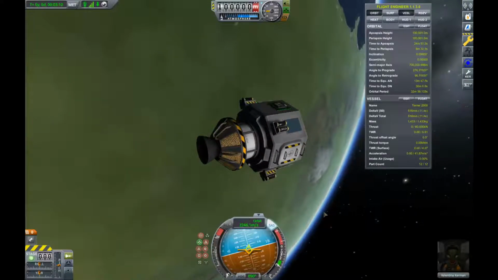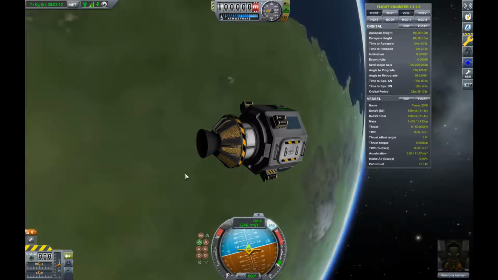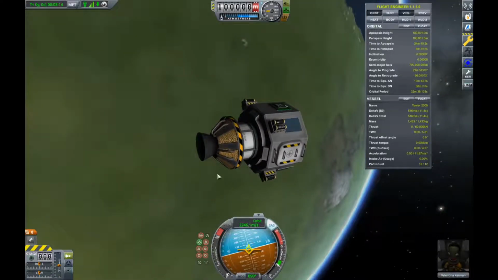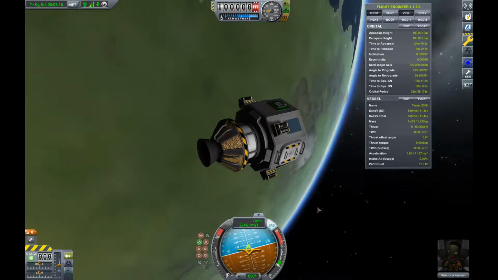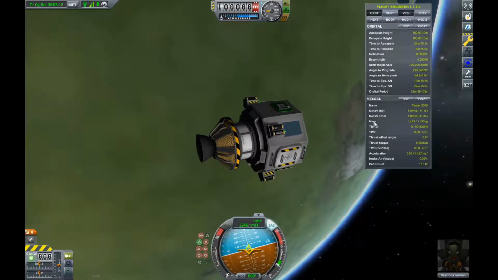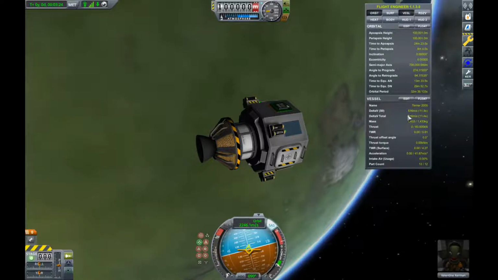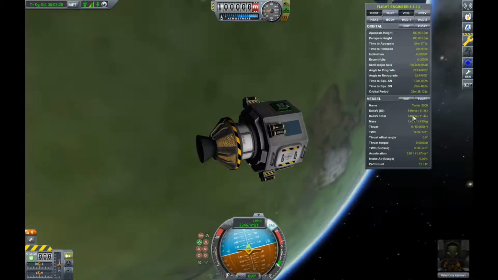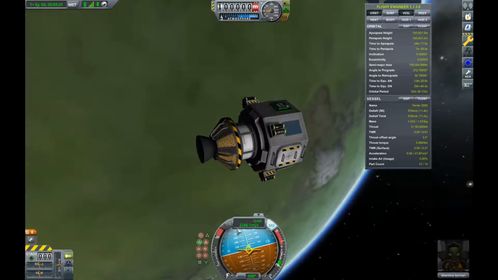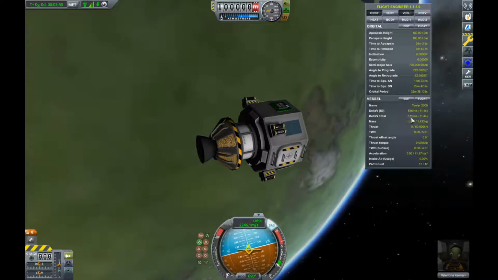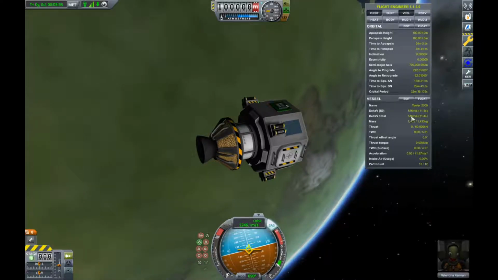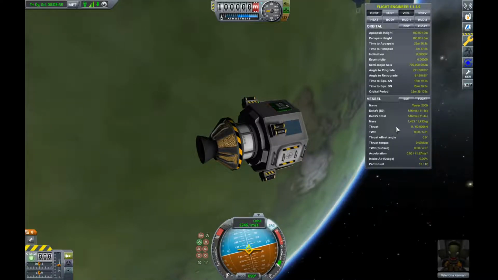Different engines have different efficiencies. They have different thrusts. They have different weights, of course. I've configured this craft and the other ones that we're going to be dealing with to have as close to 500 meters per second of delta V as possible. It's 516 for this one.